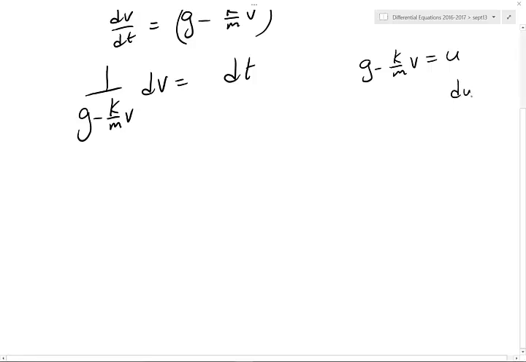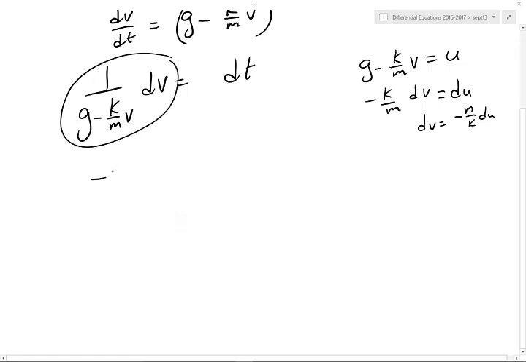So du is going to equal negative k over m dv. Well, I don't have k over m dv, I have just a dv, so I need to do negative m over k du. So this whole side is going to become negative m over k, 1 over u, du.